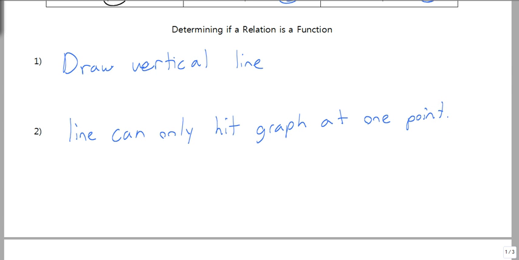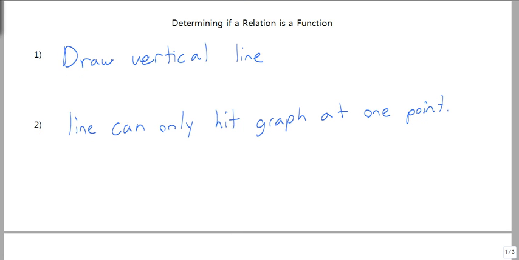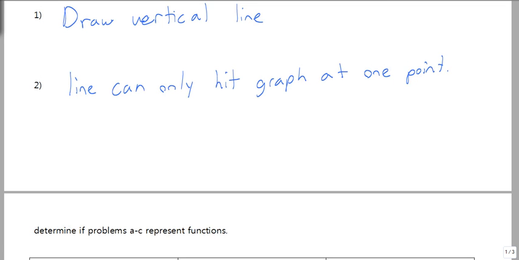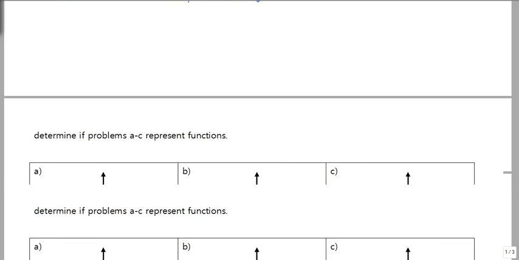So let's look at the next. What that means is basically you can only touch it once, the vertical line, anywhere on it. So pause if you need to, look at that. Draw a vertical line. Line can only hit graph at one point.